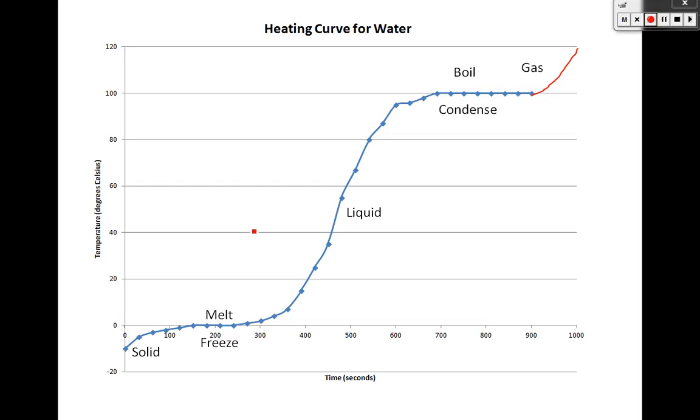If you had a different curve, let's say one that went like this, that would be a different substance. We'd have to find a substance that melted at, say, 18 degrees and boiled at like 75 degrees. So that would be a different substance.